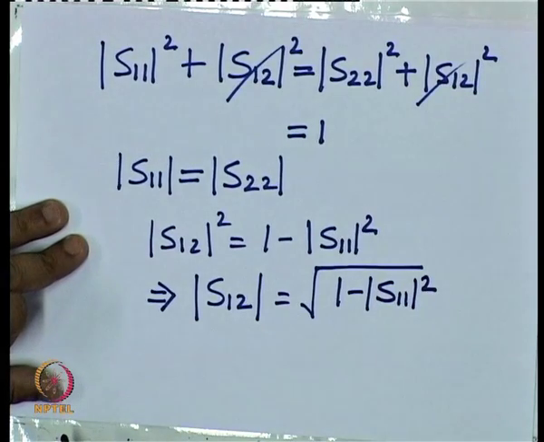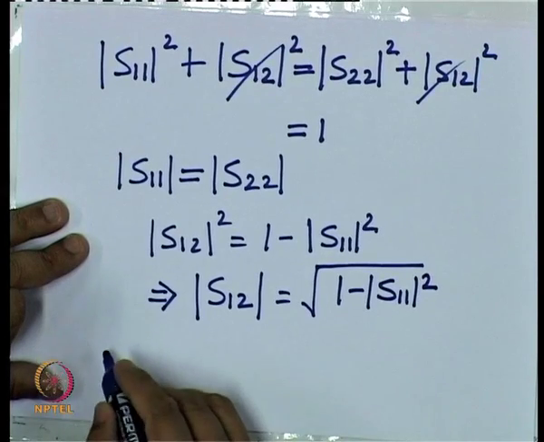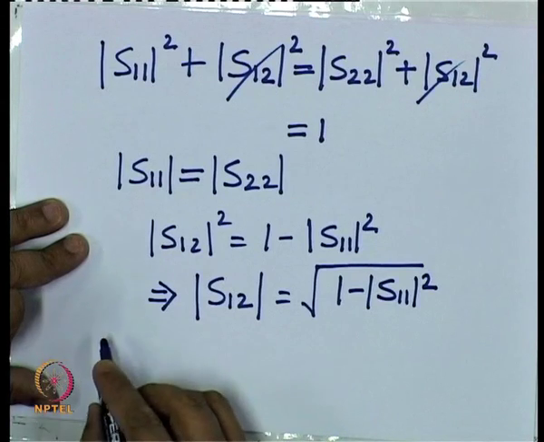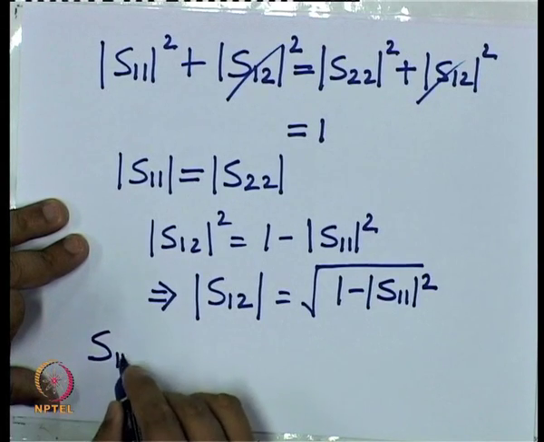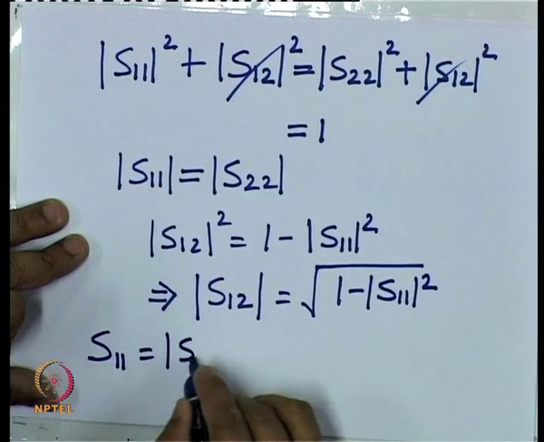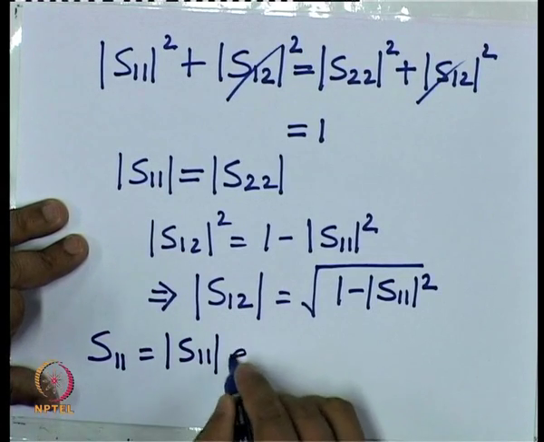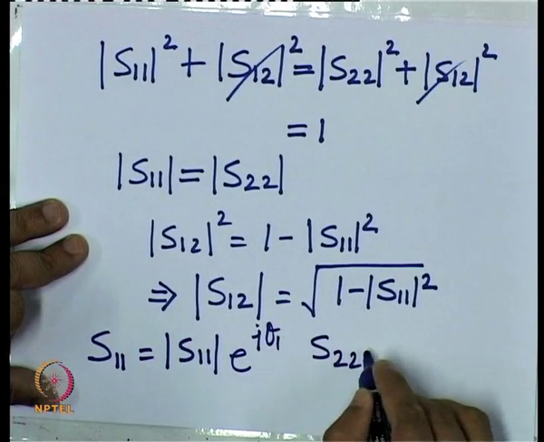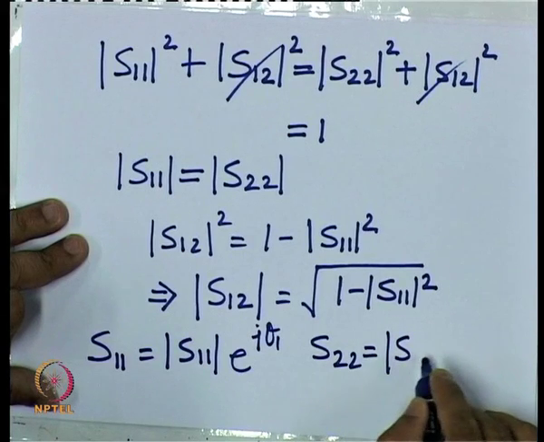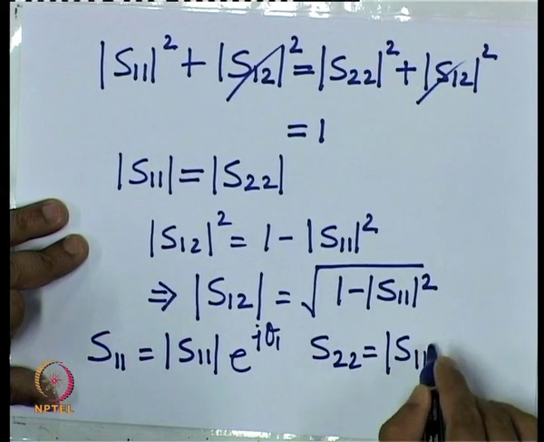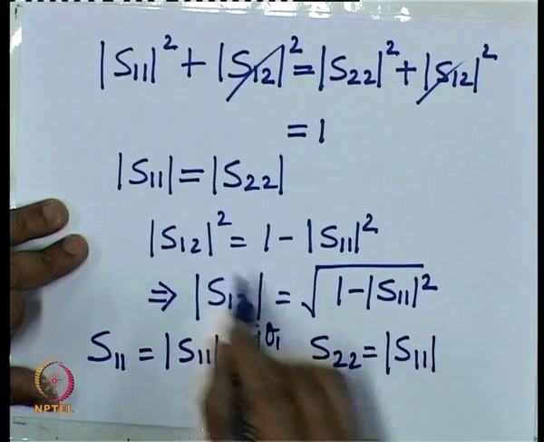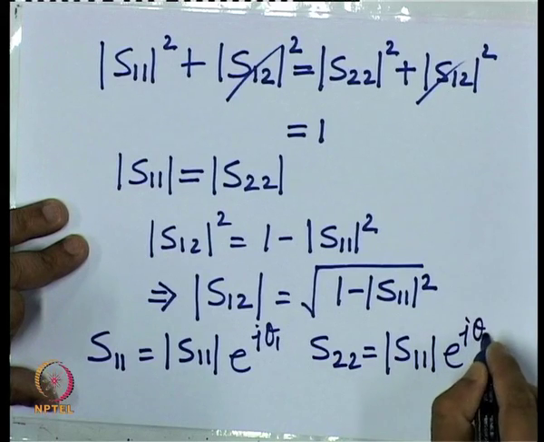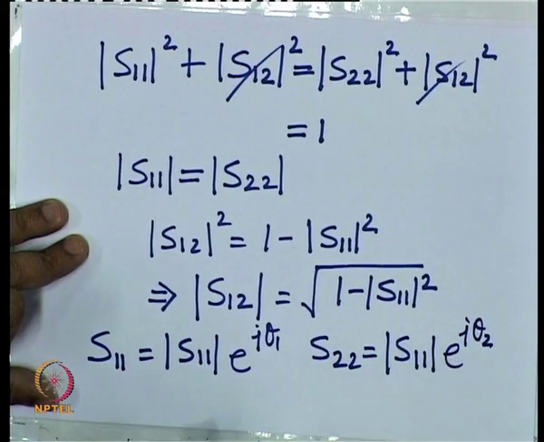So, this in turn implies that modulus of S12 is equal to the square root of 1 minus modulus S11 squared. Now, since the S parameters themselves are complex quantities, let us define them in terms of phasors, that is, a magnitude and an argument. S22 is equal to S11 in magnitude, but they may have different phase, different argument terms.